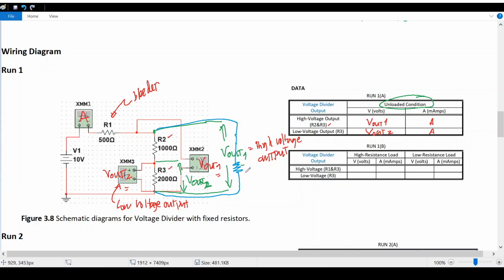and this resistance is equal to, I think, 1.5 kilo ohm.